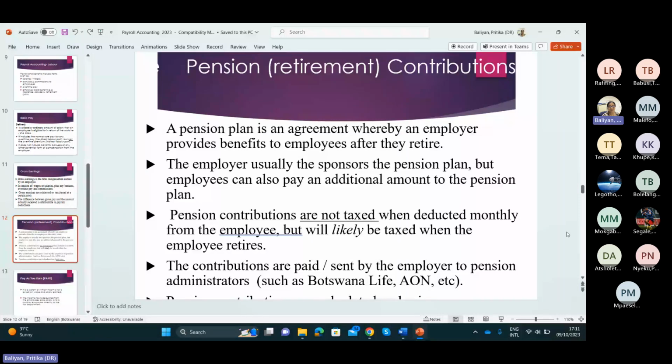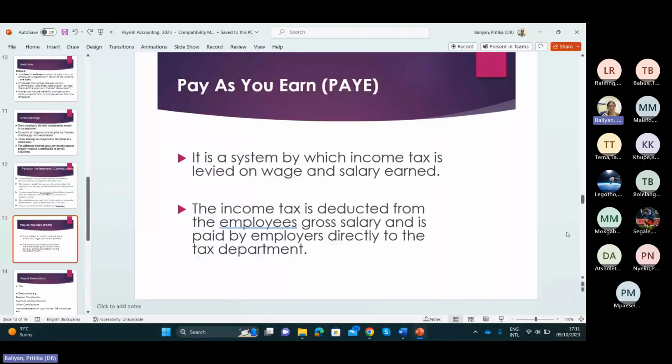So when we are calculating the tax, we should not include the employee's contribution to the pension fund or to the pension scheme. Then we charge the tax.